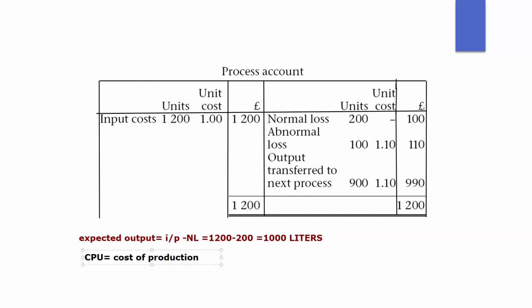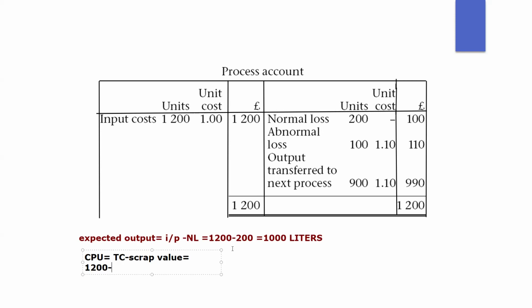Rather than putting the total cost of production, I'm going to use TC, total cost, minus the scrap value. So the total cost here is 1200.